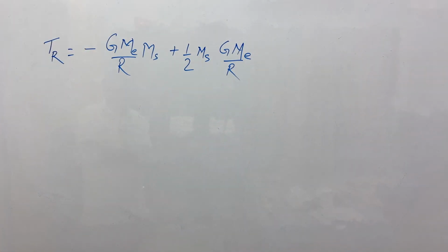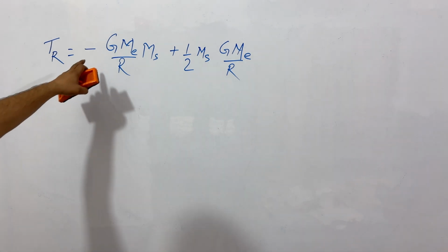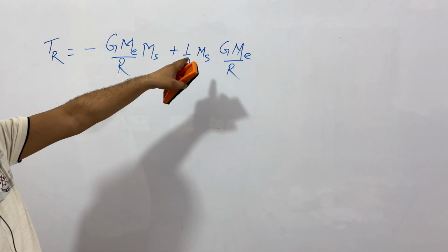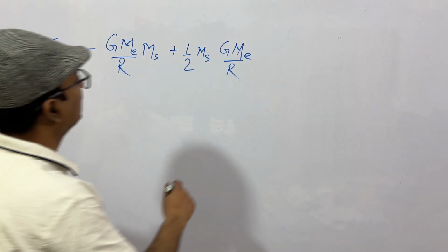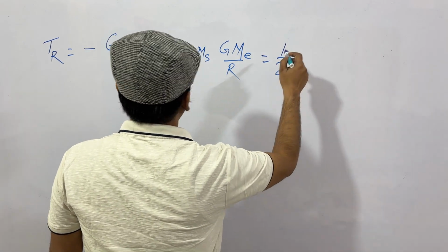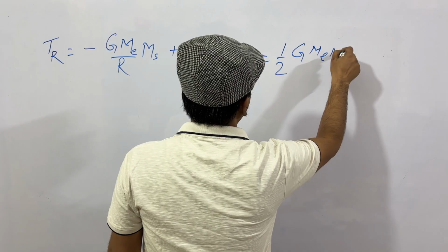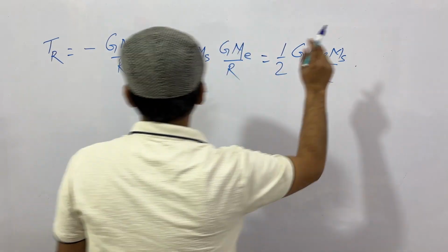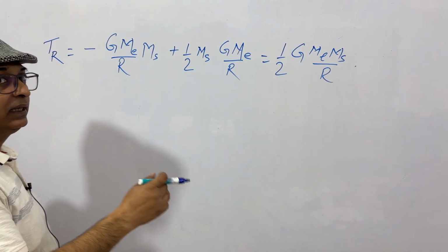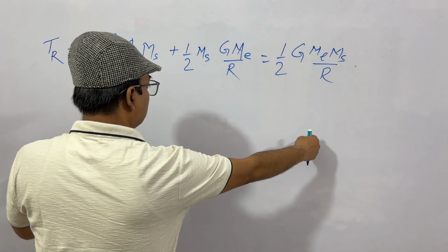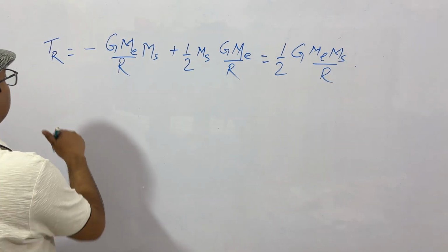Okay, and if you see, these two are basically the same. So GMe ms by r and GMe ms by 2r. So this is basically minus half GMe ms by r. This is the total energy possessed by the satellite when it is at r distance from the earth, revolving.